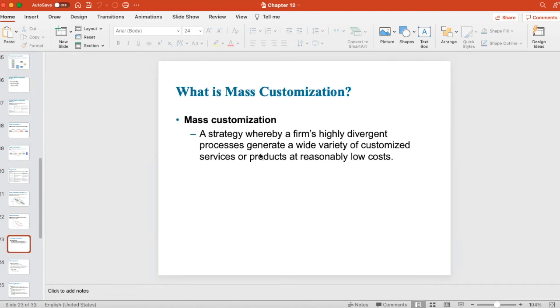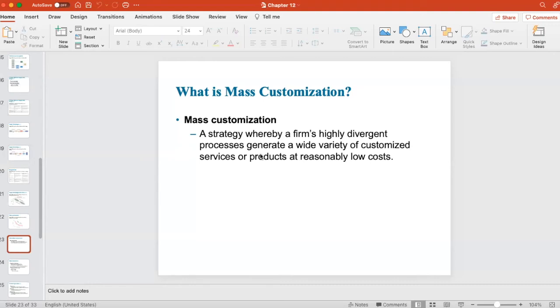However, the customization process is also very important because it can better fit customer needs. So that's why here we come up with this new concept called mass customization. Basically, make sure of both the standardization process and also the customization process.